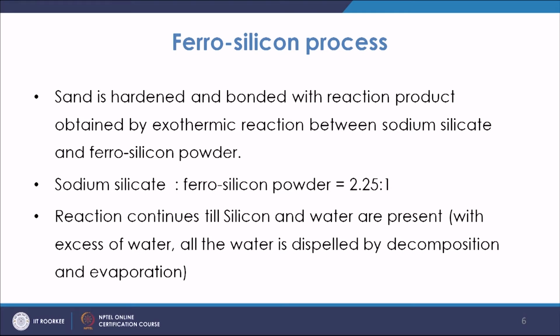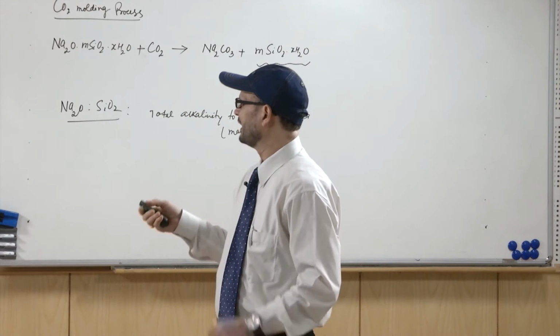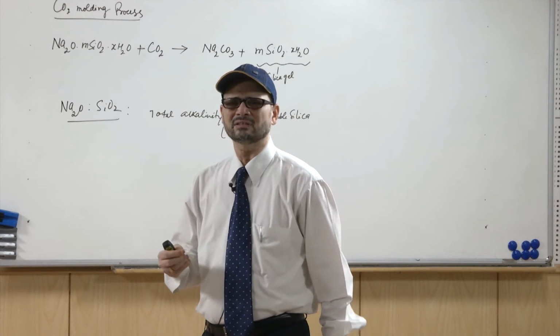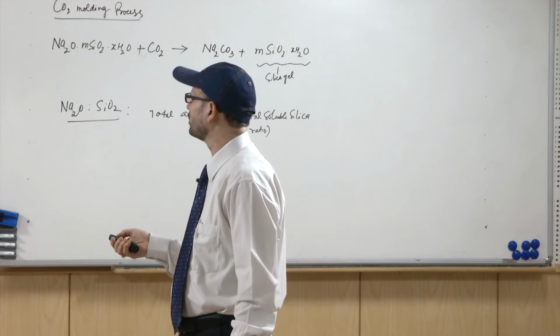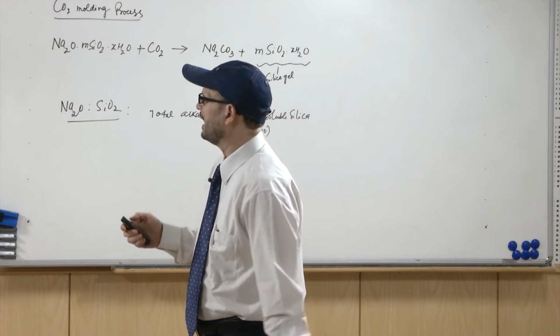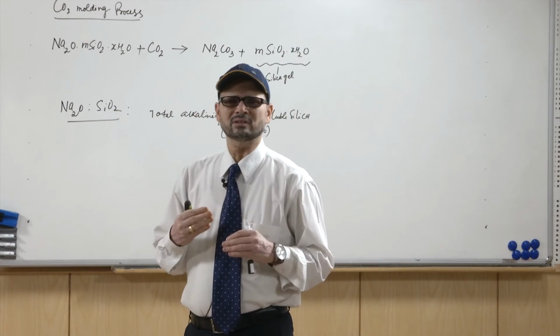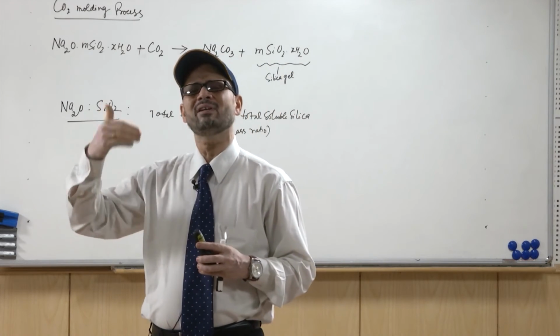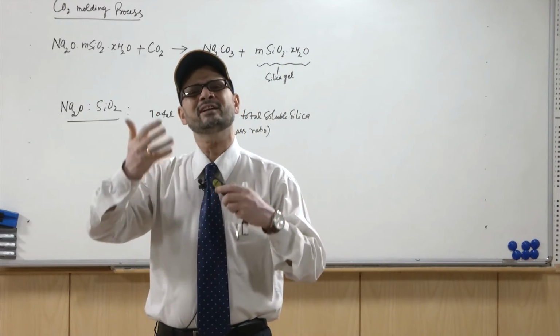So, once this ferro-silicon powder is used, this reacts with the sodium silicate, and this reaction is an exothermic reaction, and in that reaction you have the release of hydrogen, and because of this exothermic reaction the temperature is increased to the level of about 90 degrees C.